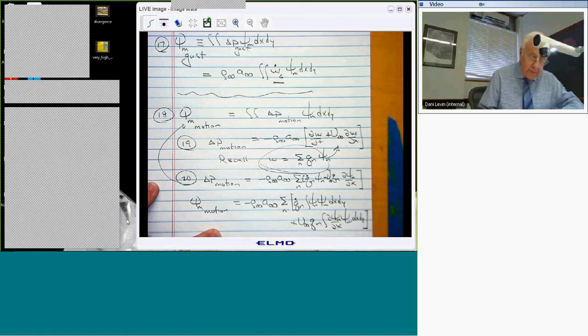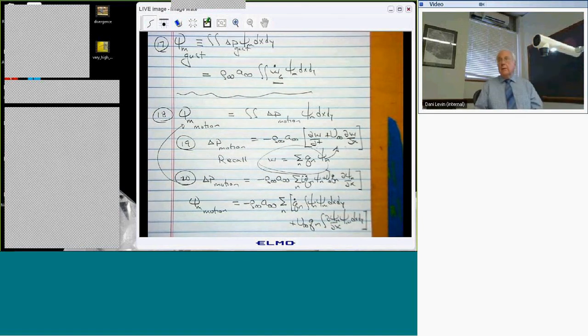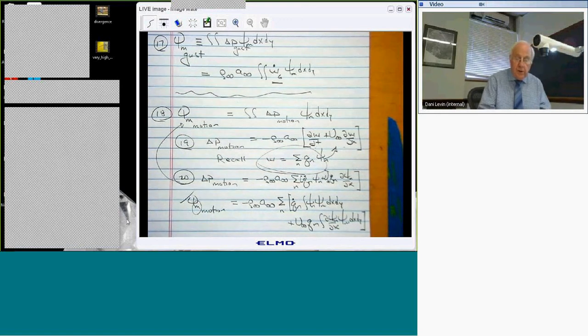So that's our generalized force in the nth mode due to the motion, but it involves terms from all the modes. So be it.